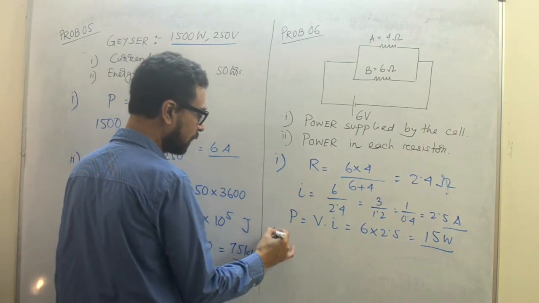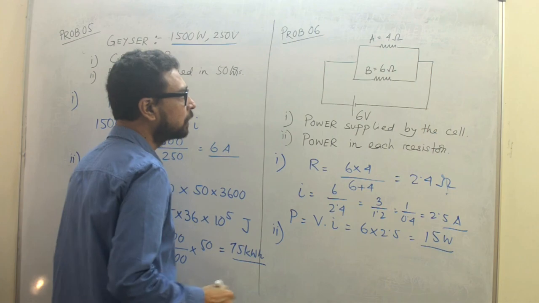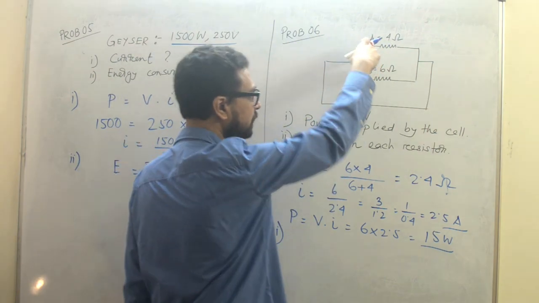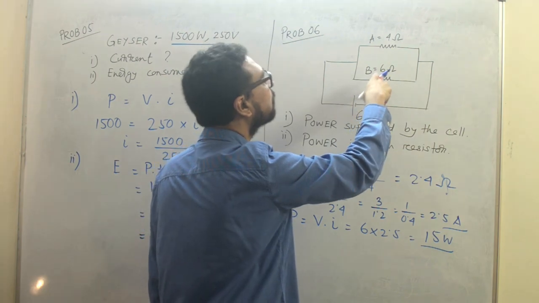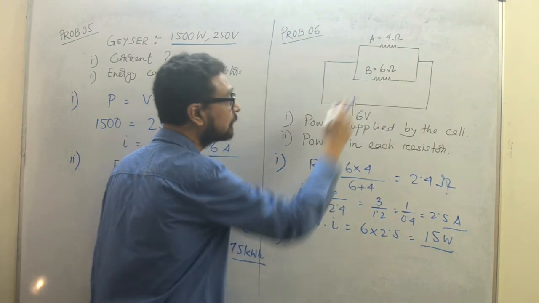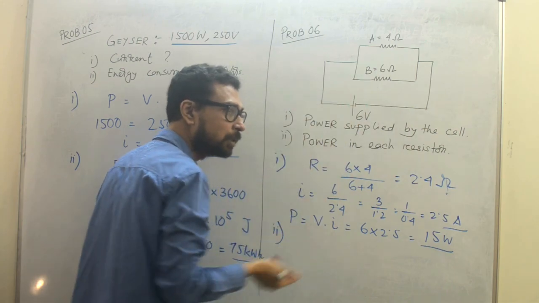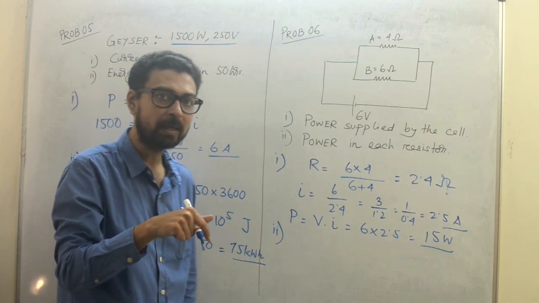And for the second part, you know that it is having 6 volt, and this one is also having 6 volt. For the power in this kind of parallel combination, I told you about V square by R, you remember?